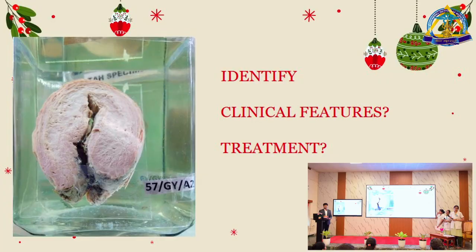So what is this one? How do you identify it? Increased thickness of myometrium. Okay. And what are the clinical features? Intermenstrual bleeding, dysmenorrhea.